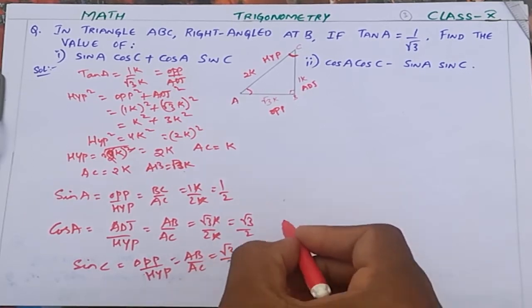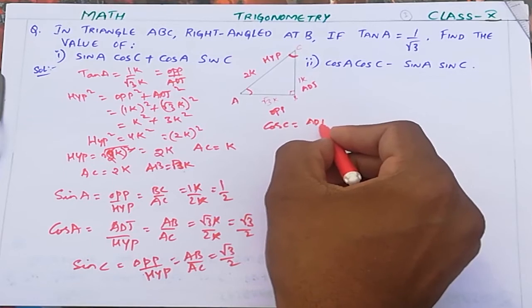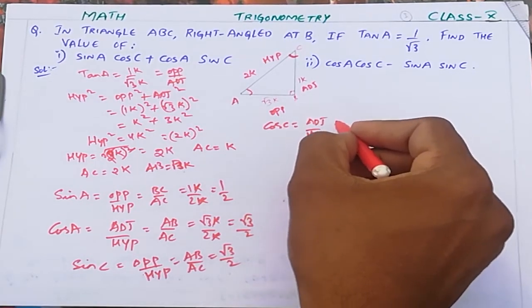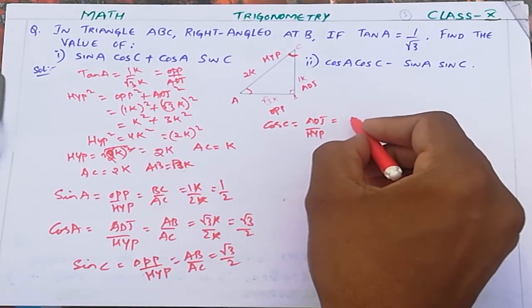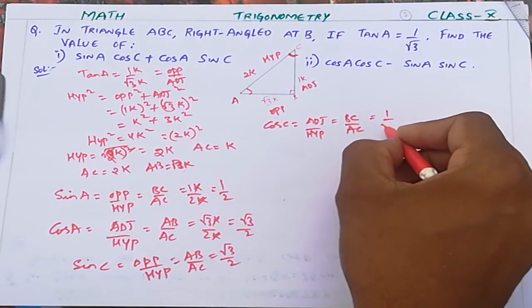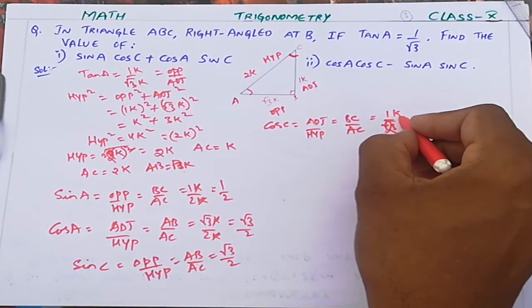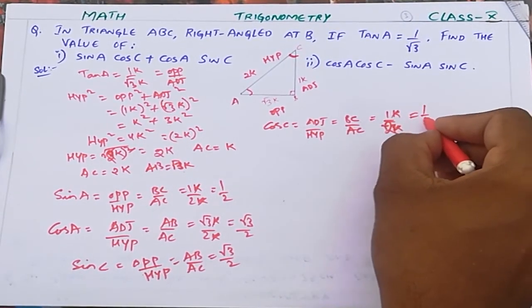We will get root 3 by 2. Then cos C equals adjacent by hypotenuse. Adjacent is 1k, BC by AC, 1k by 2k. k k cancel, we will get 1 by 2.